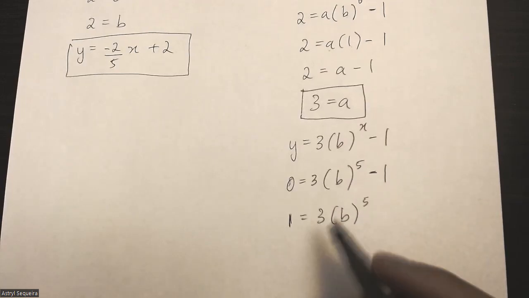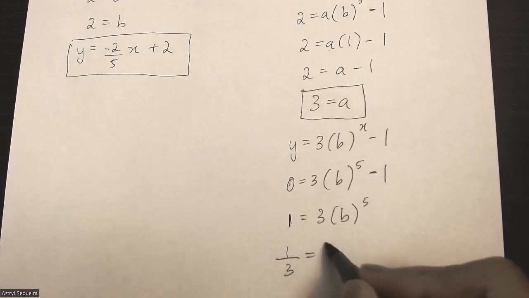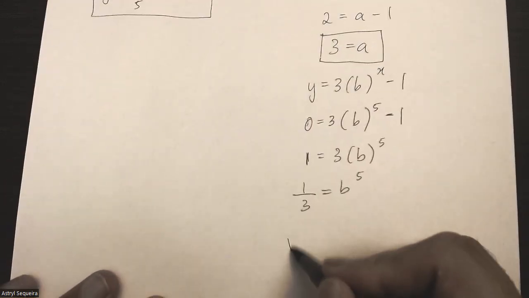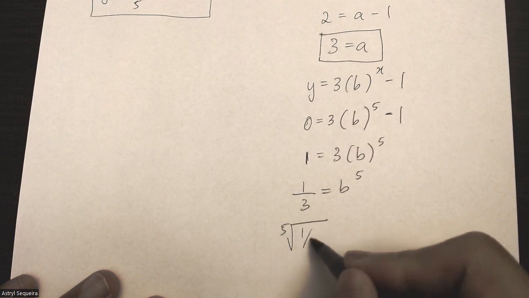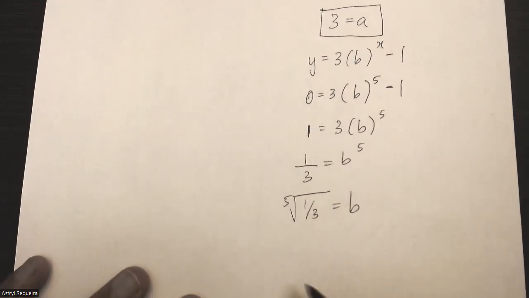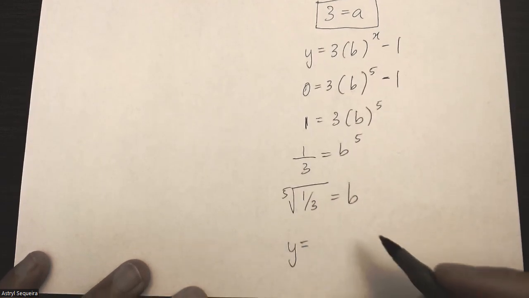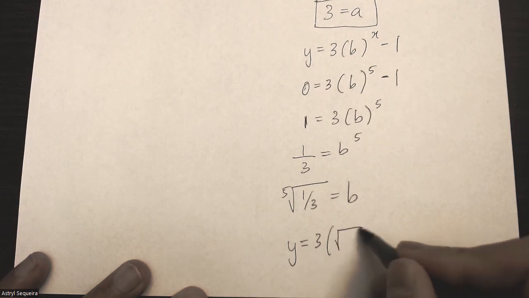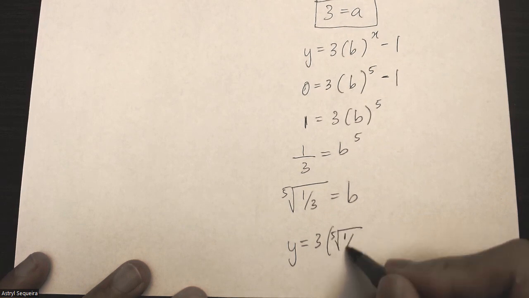Then I'm going to divide by 3. And then I'm going to do the 5th root of the other side to give me my b value. So b value is the 5th root of 1 over 3. So my exponential equation for those 2 points is y equals 3 times the 5th root of 1 over 3.